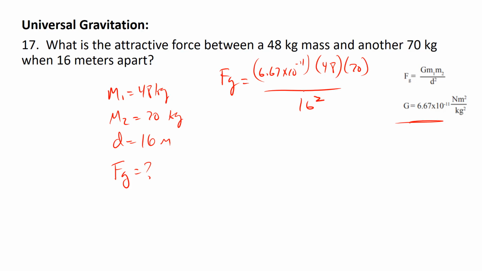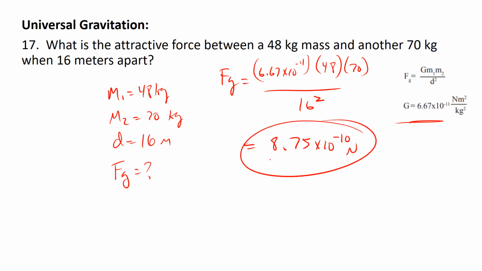So we get 6.67 EE negative 11 equals, and that gives me that G, times 48 times 70 equals, right now I have 2.24 to the negative 7th power in my calculator, divided by, open parentheses, 16 squared, close parentheses, equals, and I get a force of gravity of 8.75 times 10 to the negative 10th newtons. It would be a really small number.